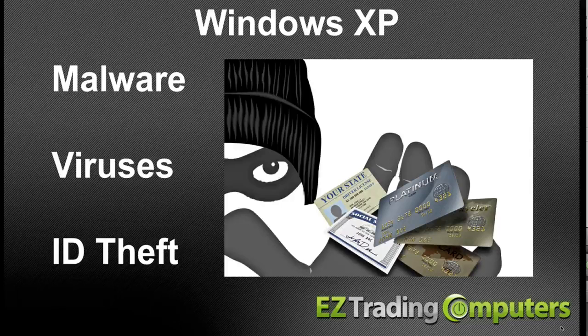So all of these vulnerabilities have the potential to give you malware, viruses, something called ransomware, and the biggest one is identity theft. Ransomware is pretty common. We see people downloading and getting ransomware quite a bit here, calling into our tech support. It's kind of scary.